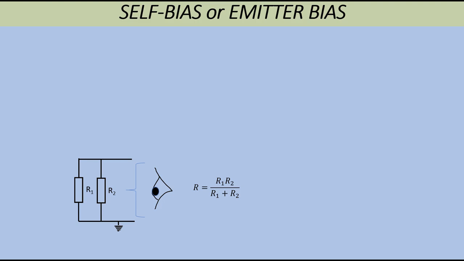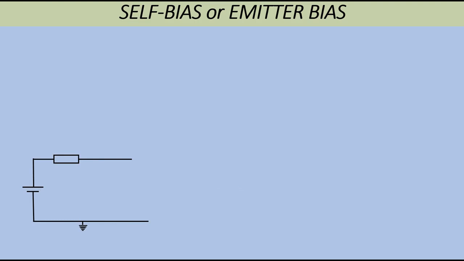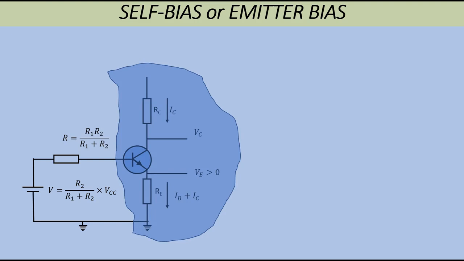So we've now got an equivalent circuit for the biasing resistors R1 and R2 for providing the input current, and that is the way we now want to consider the base side of this circuit, as though it's composed of a supply voltage of V and with an internal resistance of value R.